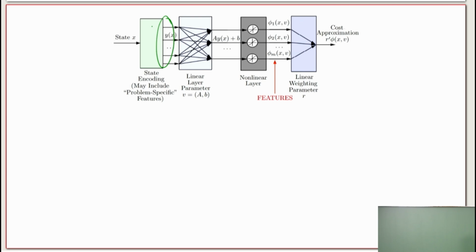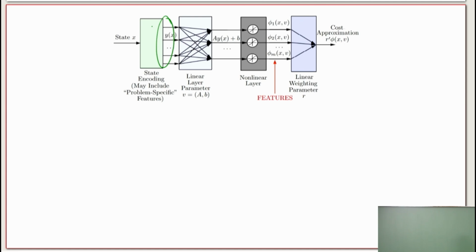Okay, but in this case, we may think of this as a two-step process, where there is a neural network to extract the features. The neural network itself has parameters, which need to be learned.